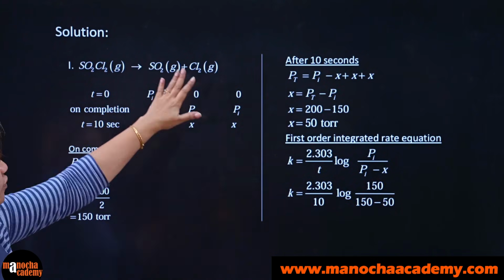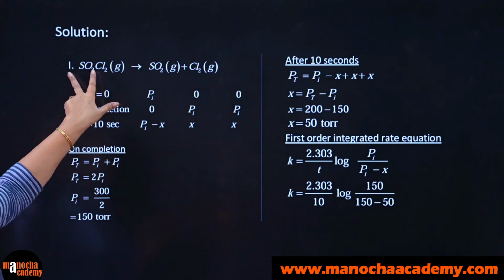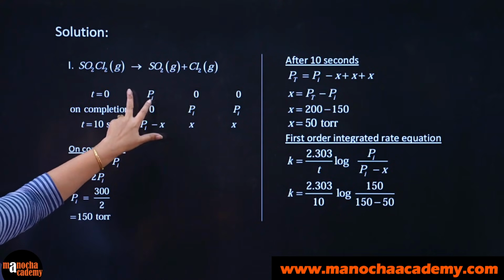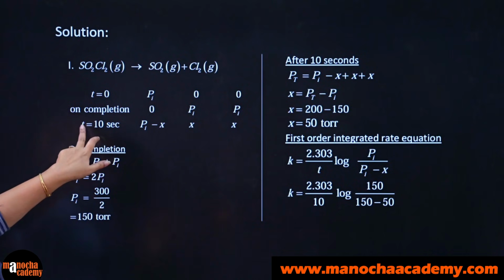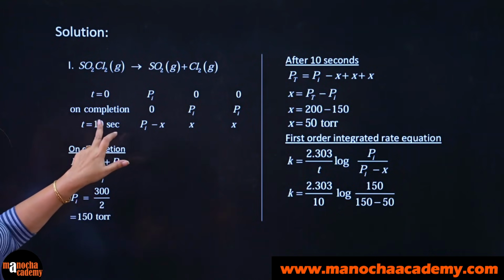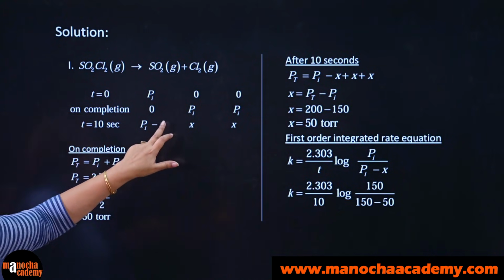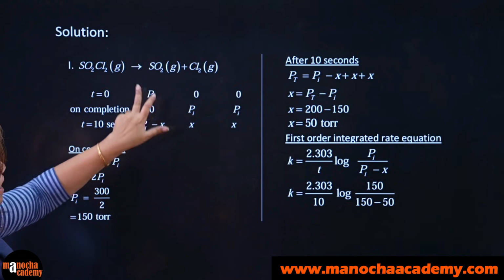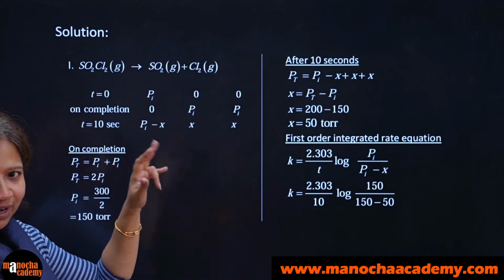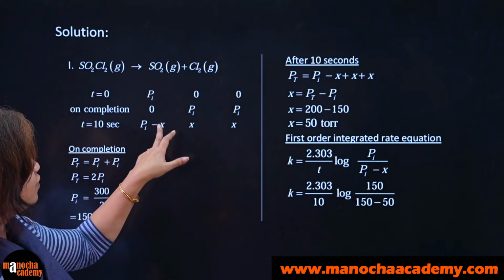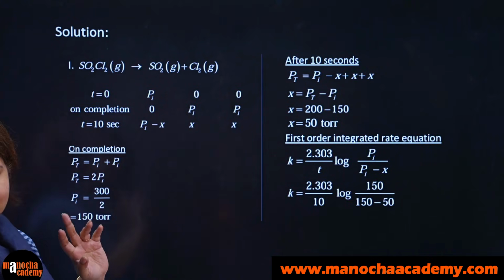So here you write the reaction, T equal to 0, Pi for the reactants, and 0 and 0 for the products. Now at time T, when we are considering X has reacted, the stoichiometric coefficient is 1 here. The reaction has become very simple. So if X is lost, you get X and X, right?